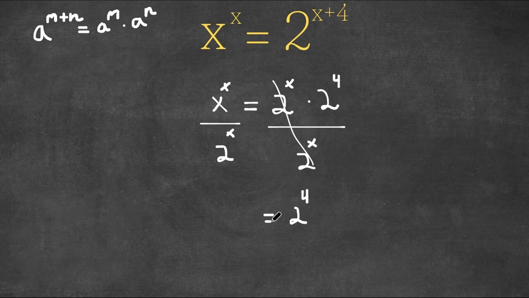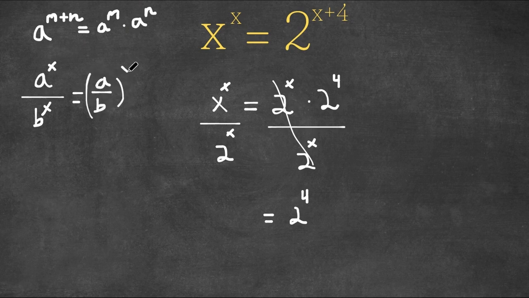And for our left side, if we have a to the power of x over b to the power of x, this can also be written as a over b to the power of x. So we have x to the power of x over 2 to the power of x. This can also be written as x over 2 to the power of x.